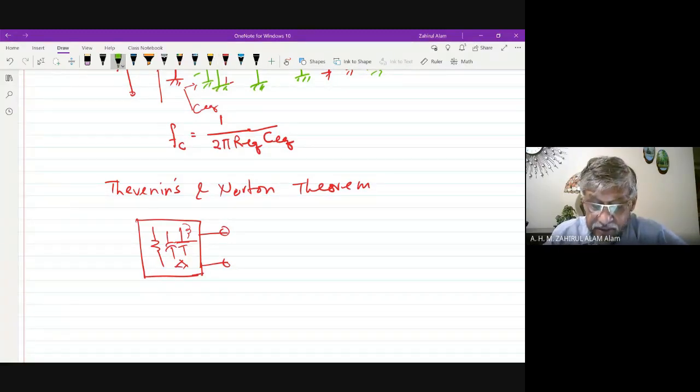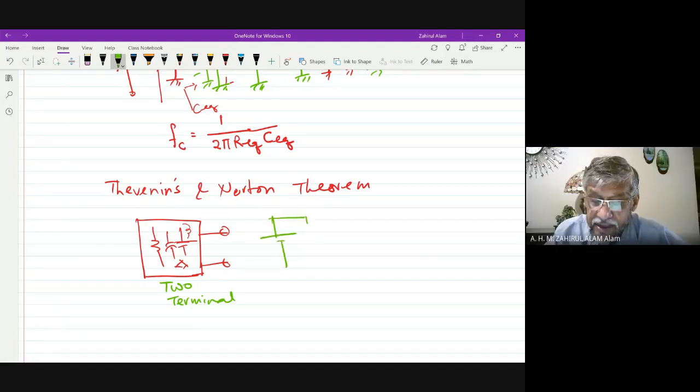This is a two-terminal network, and by Thevenin's theorem, we can make a simplified circuit diagram, which is RTH and VTH.